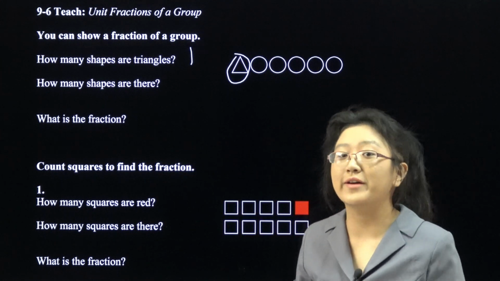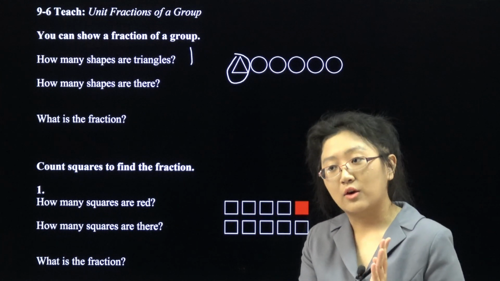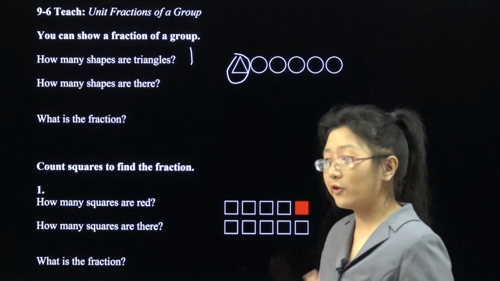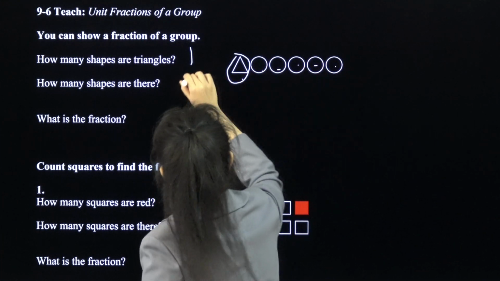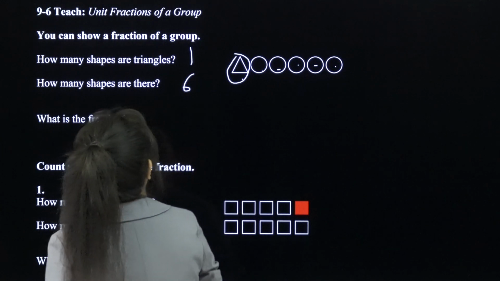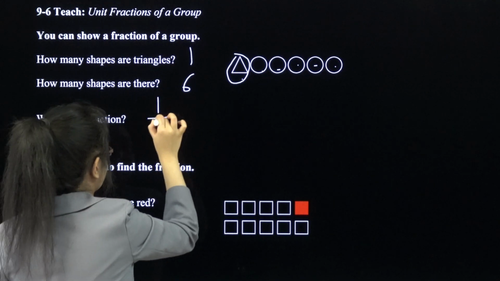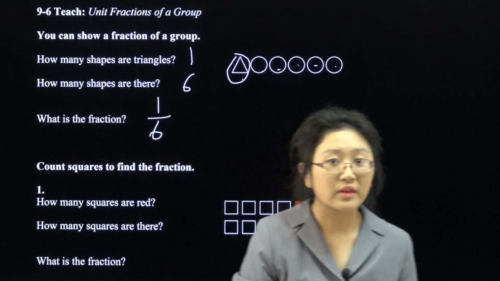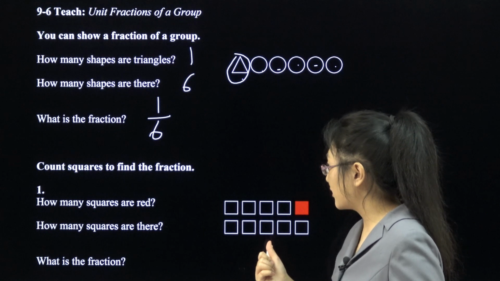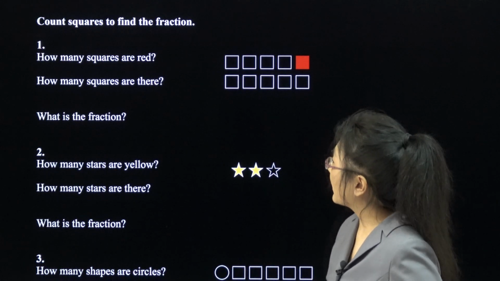So the triangle is the special part, and the total number of shapes is the total number of parts, which is 1, 2, 3, 4, 5, 6. The fraction of triangles in this group would be 1 over 6. Get that? Well, let's go on to the next bunch of example problems.